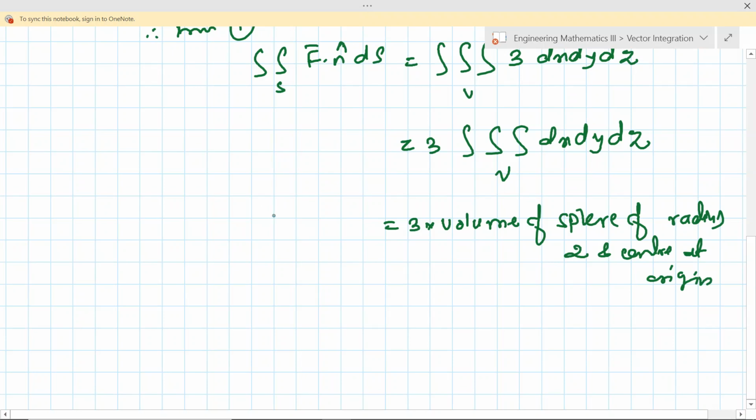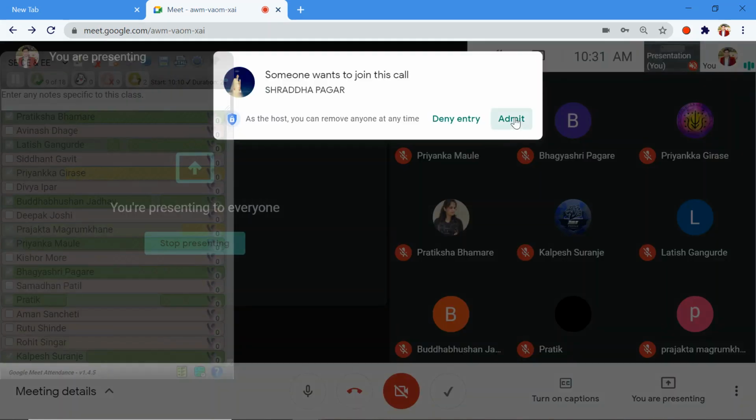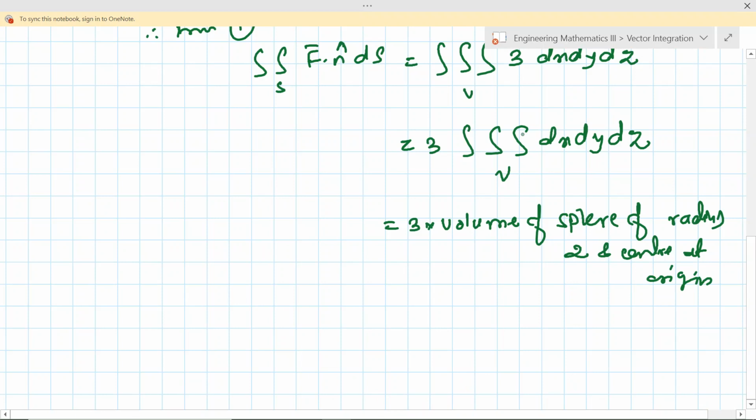Okay, and this is a standard sphere. You should know the equation for that standard sphere. What is that? It is x square plus y square plus z square is equal to a square, which here is 4. The radius a is nothing but 2 here.